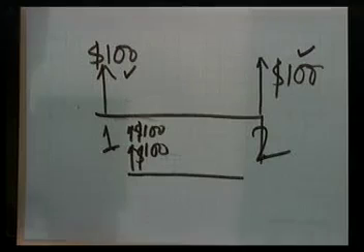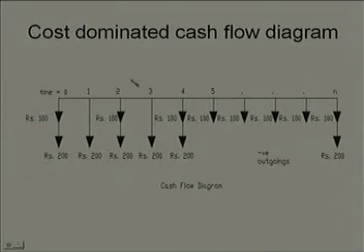The first one is known as cost dominated cash flow diagram, right. Can we focus on the slides please? Cost dominated cash flow diagram here on the PPT. So, cost dominated cash flow diagram and revenue dominated cash flow diagram.